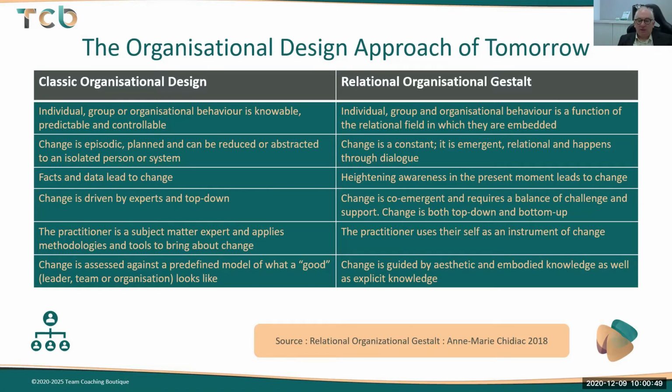They're not directing; their sense of being, the holding of the space, actually supports that change, okay? And the last point here on the right, which I quite like, is change is guided by aesthetic and embodied knowledge as well as the explicit knowledge, right? It's all about what people have as a group and within the team. Great. So next slide, please, Debbie.